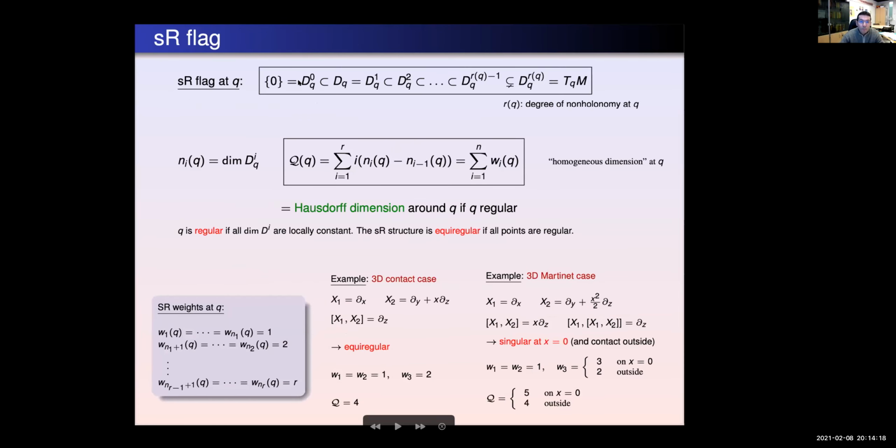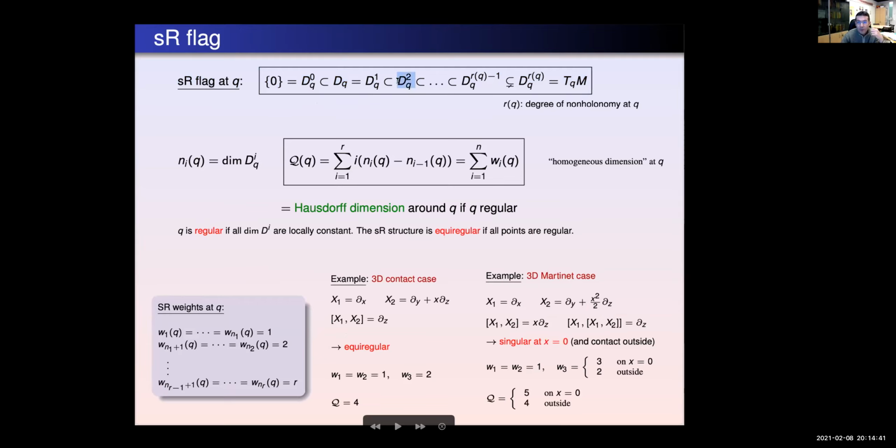So, on the previous slide, we considered what is called the sub-Riemannian flag. I mean, this is a filtration of the tangent bundle by the span of the successive Lie brackets. This is the horizontal distribution.